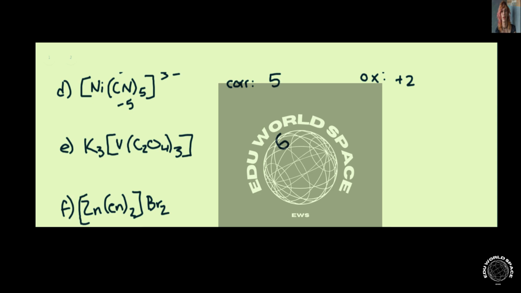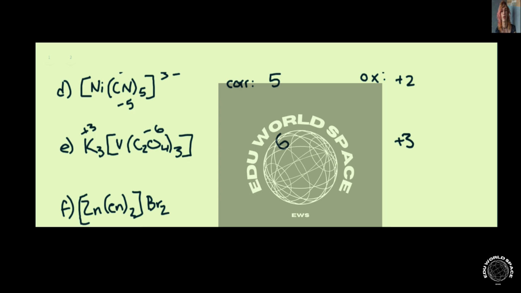And then our oxidation number, this complex itself is a -2, and there's 3 of them, so this is going to provide a -6 charge. Potassium is +1, there's 3 of them, so it's going to be a +3. And there's no charge on this molecule, so we know that our oxidation state is going to be +3.